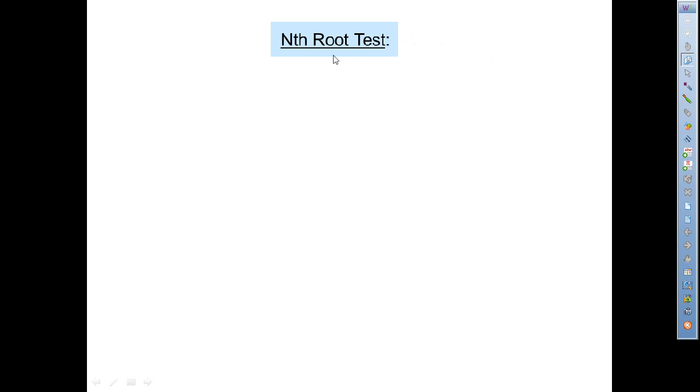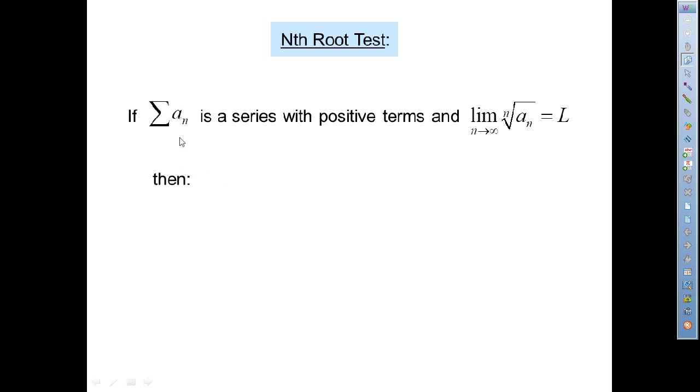All right. Also, we have the nth root test, which says if sigma a sub n is a series with positive terms again, and the limit as n approaches infinity of the nth root of a sub n equals L, then the series will converge if L is less than 1.